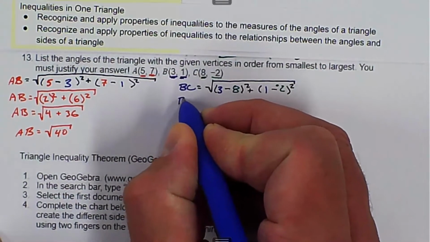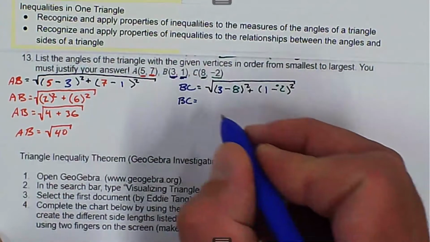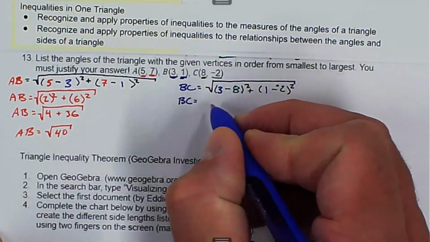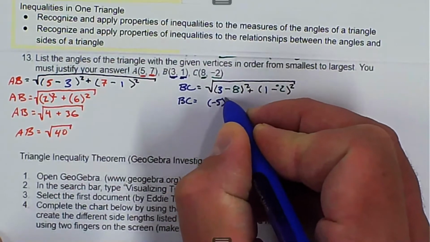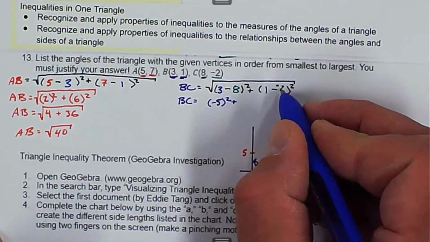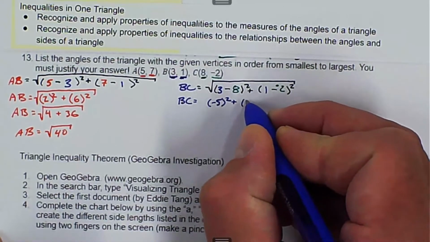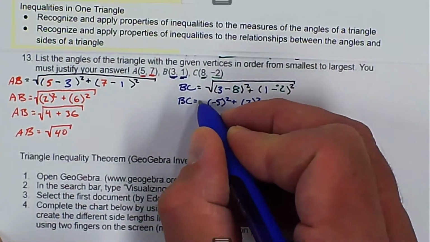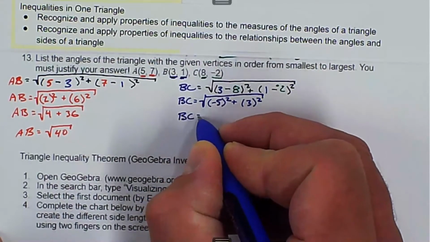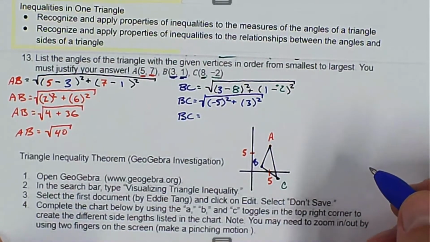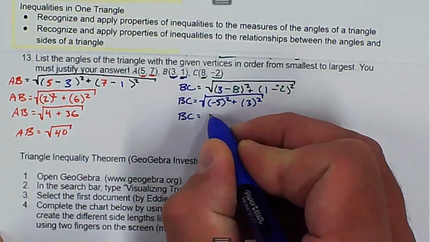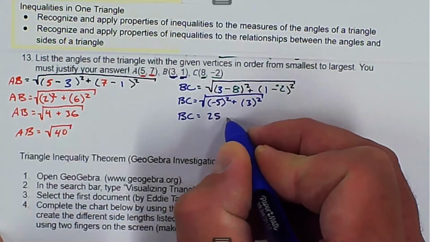So BC is equal to 3 minus 8 is -5. That quantity is squared, plus 1 minus -2, that's +2, so that's going to be 3. That quantity is squared. And then we get BC is equal to -5 squared is 25, plus 9.